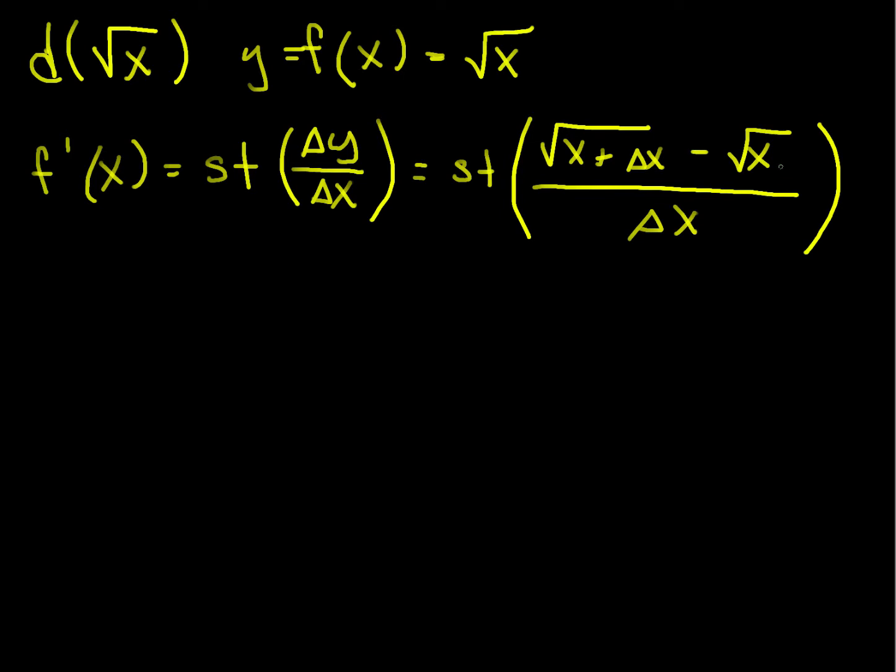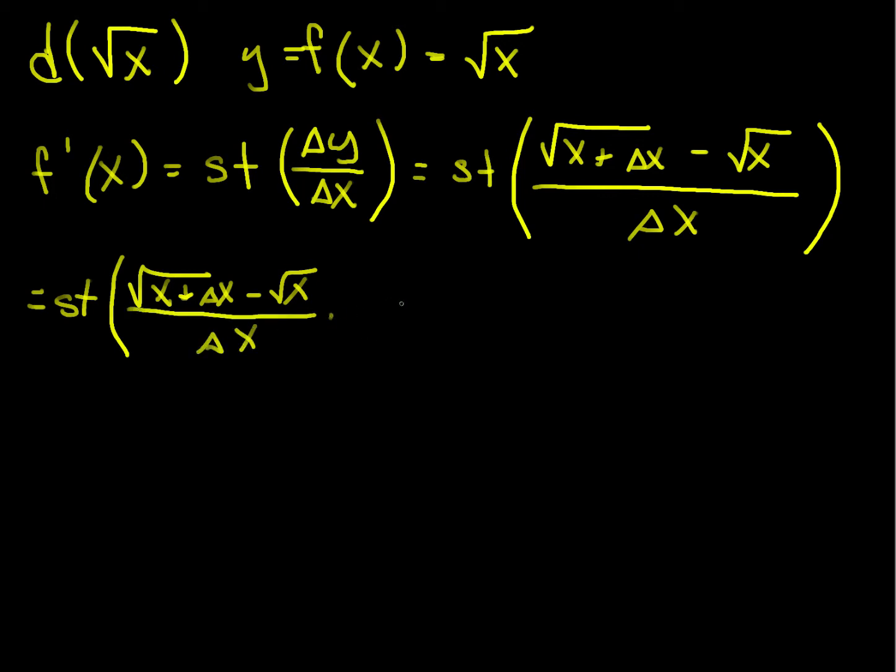So how do we get rid of square roots? In this expression, we're going to multiply by the conjugate. That's the only way to get rid of all the square roots in the top. We'll get square roots in the denominator, that's fine, but at least we'll get rid of the square roots in the numerator. So this is equal to the standard part of square root of x plus delta x minus square root of x divided by delta x.